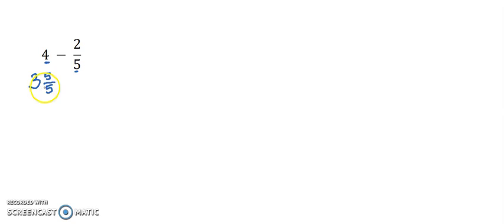Because we have the 3, 5 fifths is 1, so 3 and 5 fifths is actually exactly the same thing in value as 4. So we change 4 into 3 and 5 fifths. And then we're subtracting 2 fifths. 5 fifths minus 2 fifths is going to give us 3 fifths. So 3 and 3 fifths would be your answer.